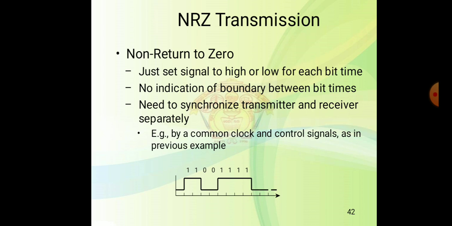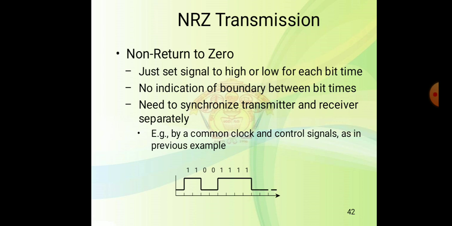An important issue is the synchronization of the transmitter and receiver. If we just drive the signal with the data bit values, there is no identification of at what time the data is going to start, or at what time the data is going to end, or at what time the next bit is going to come.